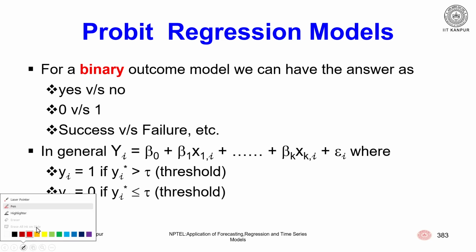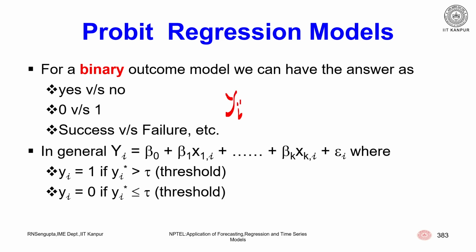So, the idea is like this. In the Probit regression model, or in the logit regression model, or in the case of multiple linear regression models, you want to find out y i, as it is given, based on the fact that there are k independent regressors, and the regression coefficients are given.